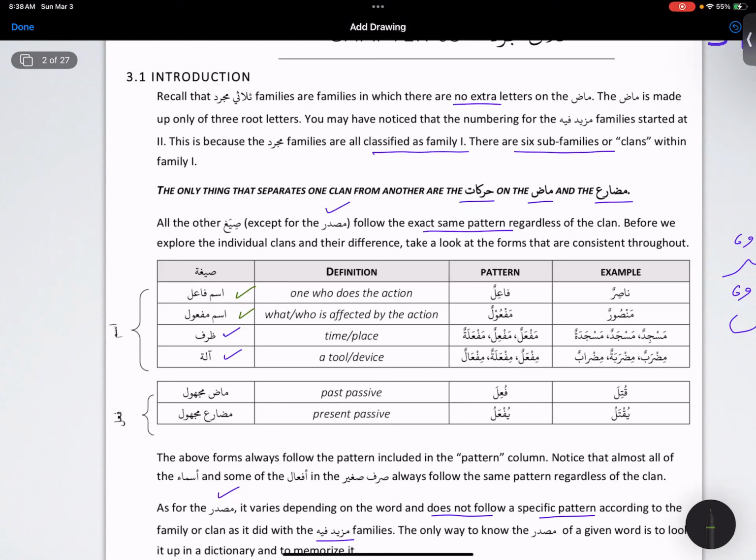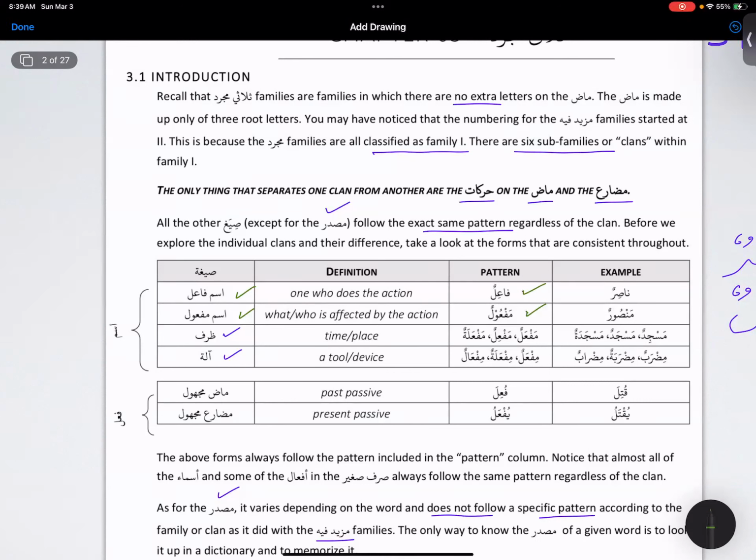That Zarf are going to be 3, not 1. So the good thing is that Zarf are going to have a set pattern. Even Isam Fa'il would always be on the pattern of Fa'ilun. Isam Maf'ul is always going to be on the pattern of Maf'ulun.